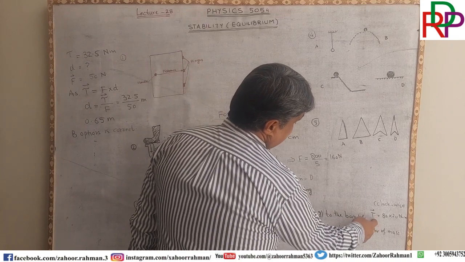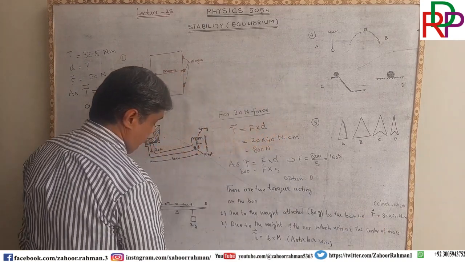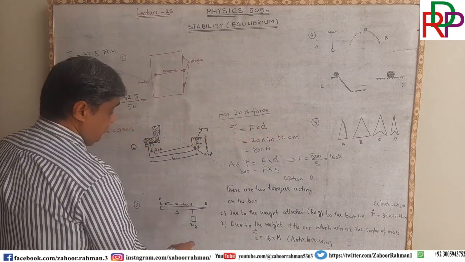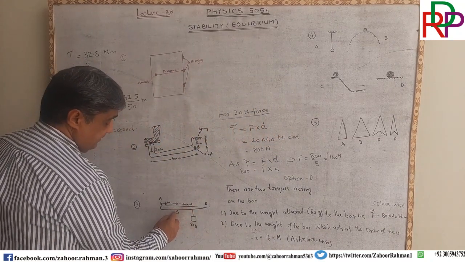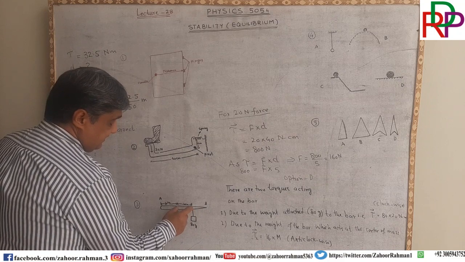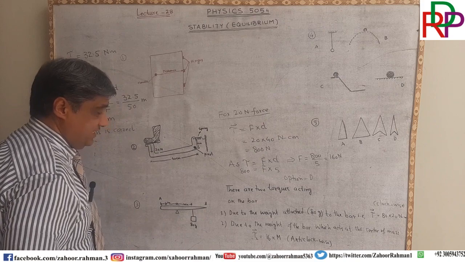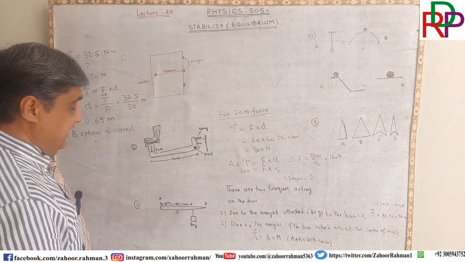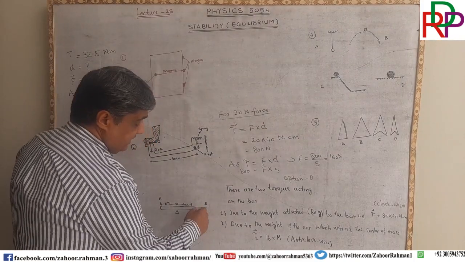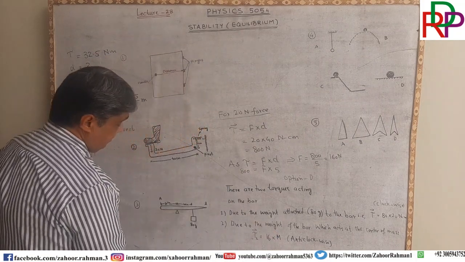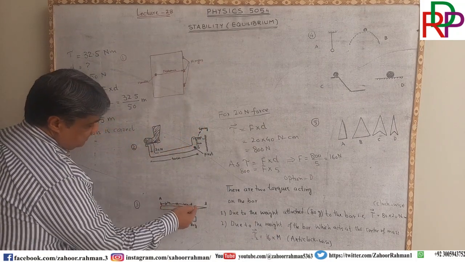That is, torque is equal to 80 multiplied by 20, because from this trestle, this one is 20 centimeter, it is given to you, and this is the clockwise moment, this is the clockwise rotation.